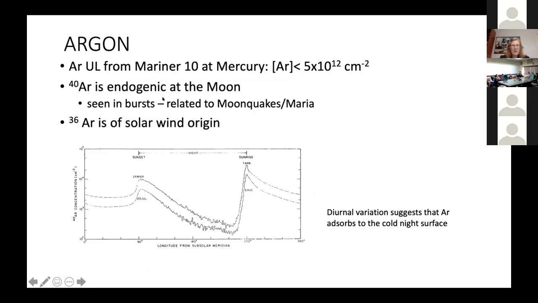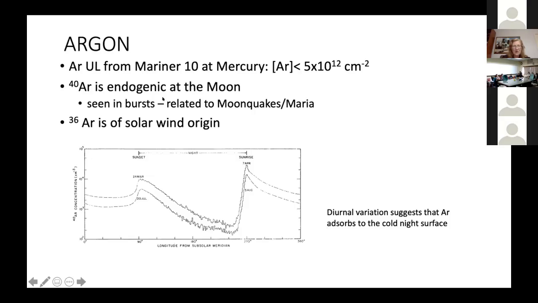For argon, we had an upper limit from Mariner 10, but it's really a very high upper limit. Argon 40 is, of course, endogenic at the moon, and that's because it's a radiogenic byproduct of potassium 40. And it's often bursty, it's related to moonquakes, whereas argon 36 is of solar wind origin.